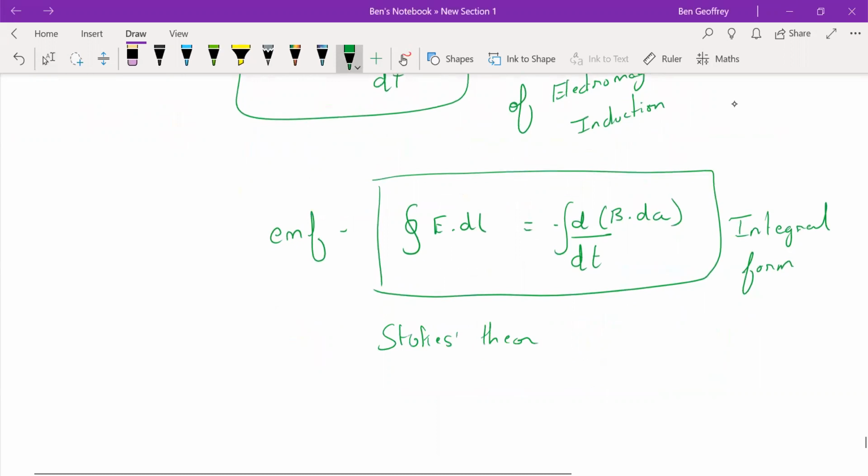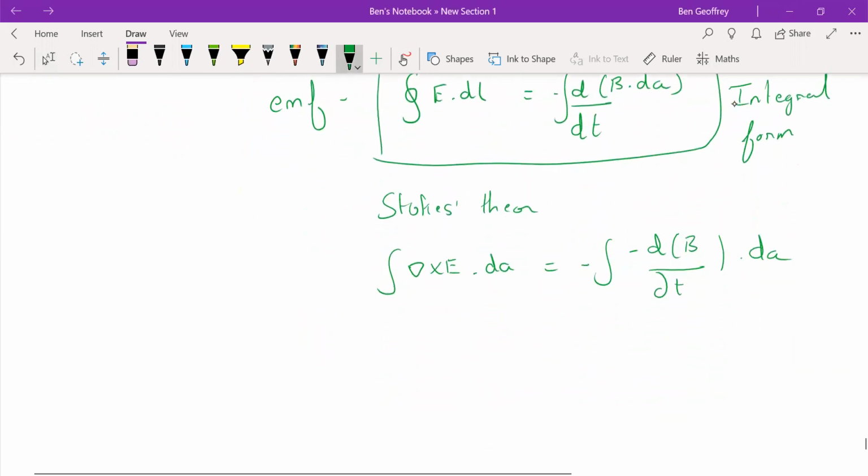So this will become the curl of E dot dA is equal to minus dB/dt dot dA. I can remove the surface integral on both sides, and this will just become del cross E equal to minus dB/dt.